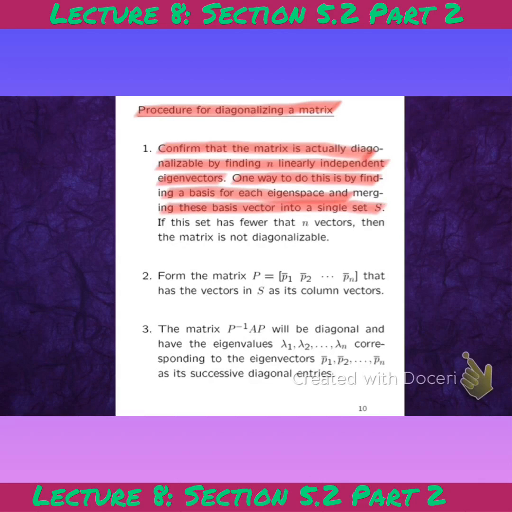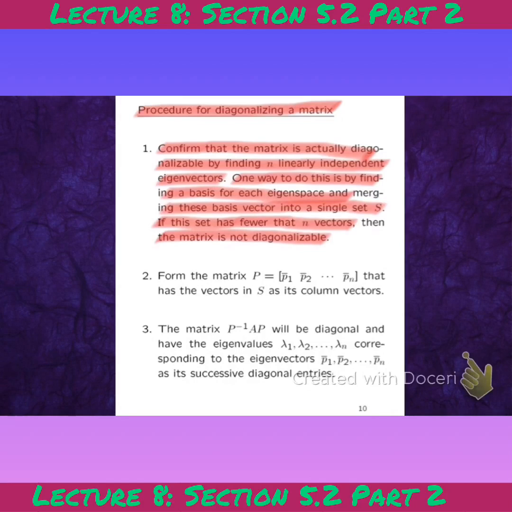We know this set is going to be linearly independent, and if the union of all these basis vectors has fewer than n vectors, then obviously the matrix is not going to be diagonalizable, because we cannot manufacture more linearly independent vectors than we've already done with calculating the basis. Okay.